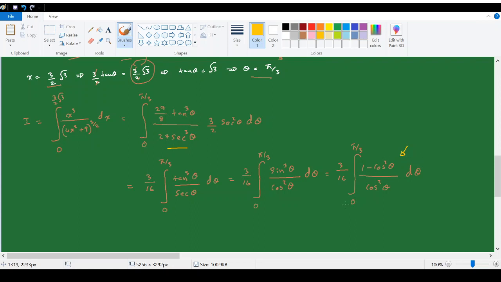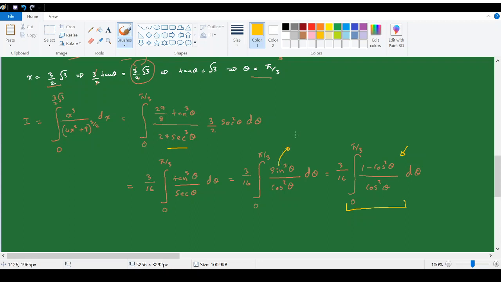Now to calculate the integral of this one, we will need another... I'm sorry, I think there's a small mistake here. Well, this is sine cube, okay?